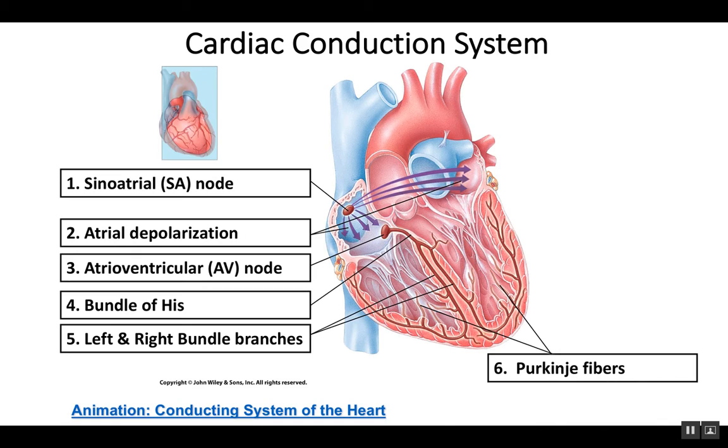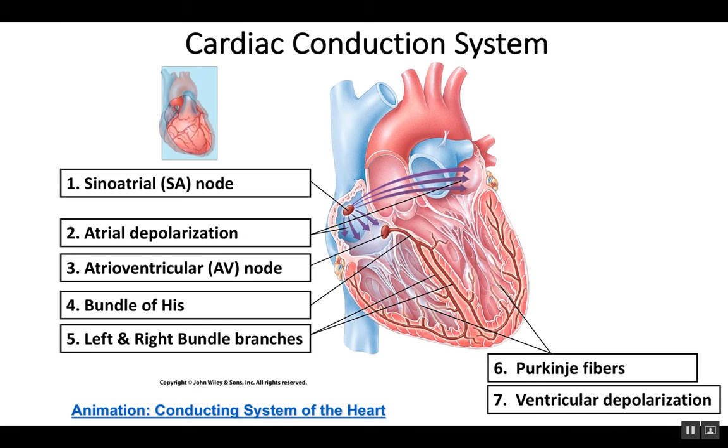And once it gets to the Purkinje fibers, that's going to cause ventricular depolarization. The ventricles depolarize and then they contract. So notice this is a coordinated pathway. It has to occur this way in order for the atria to contract first, then the ventricles. And then another signal will come from the pacemaker, and it'll happen all over again.